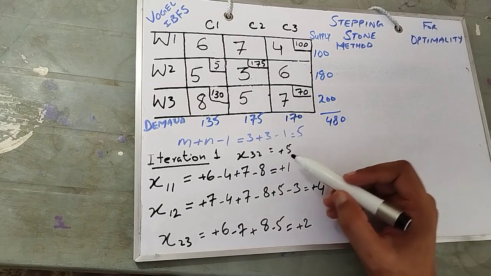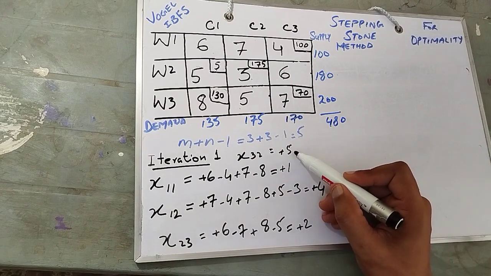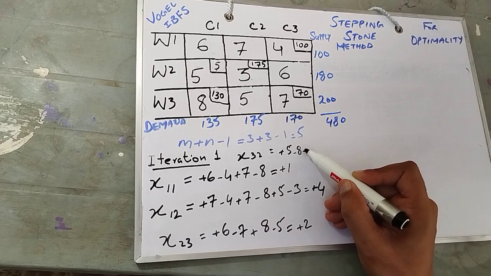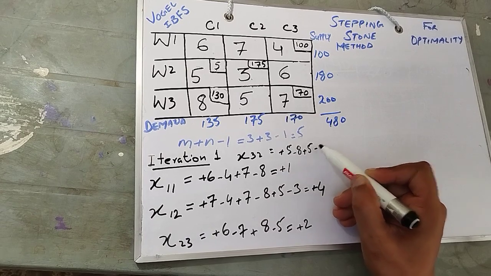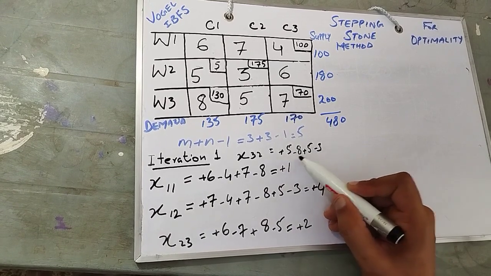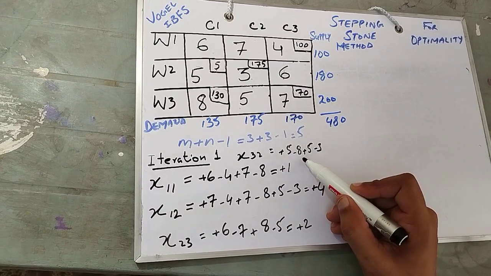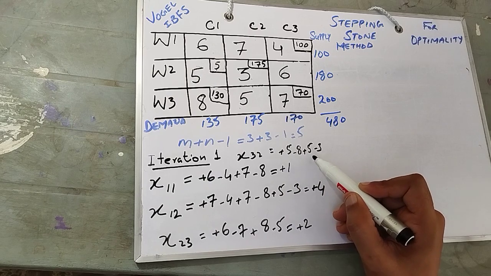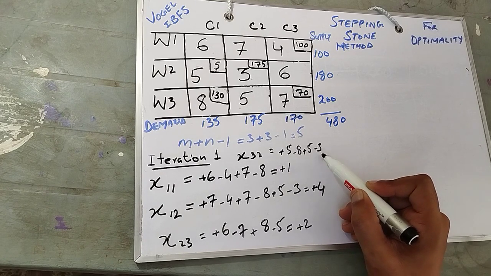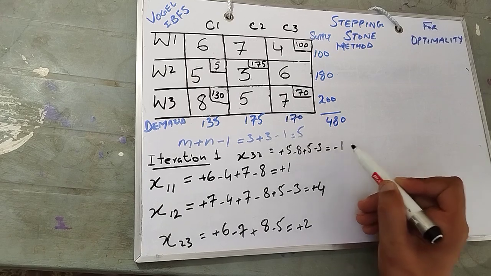So we are starting from plus 5 minus 8 plus 5 minus 3. So you see plus 5 minus 8 minus 3 plus 5 is plus 2. Plus 2 and minus 3 is minus 1.